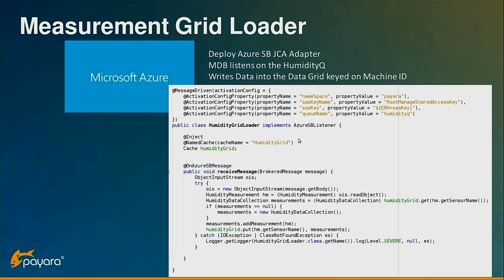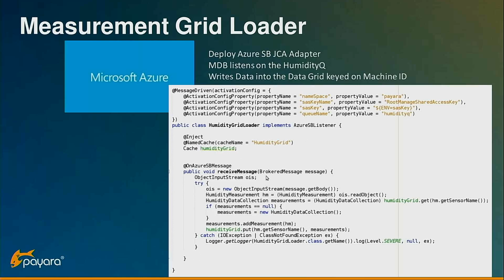So it's exactly the same on the server side as it would be with MQTT. We have what's called a message-driven bean. In this case it's using Azure Service Bus, but it would be the same with MQTT. And we have what's called a cache.